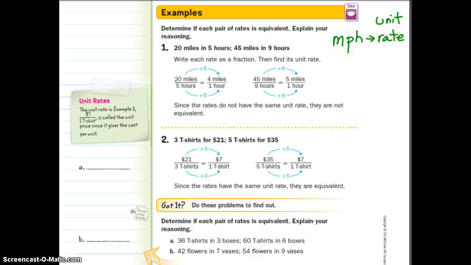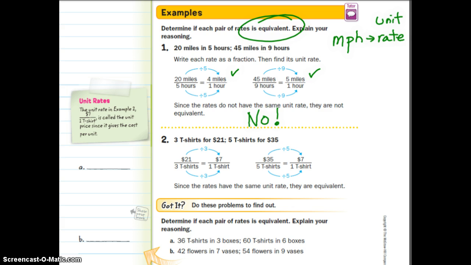We're going to divide by 5. 20 divided by 5 is 4, and that gets us to our unit rate, or 4 miles an hour. 45 miles, 9 hours, we're going to divide by 9. And again, we end up with 5 miles in 1 hour. The question was, are they equivalent? In this case, the answer is no, because the unit rates are different.